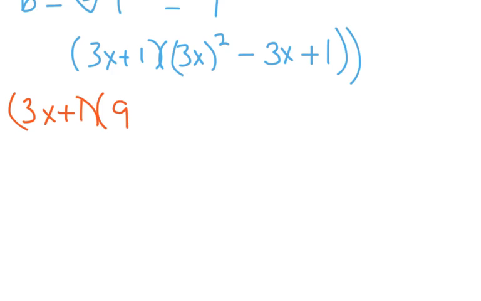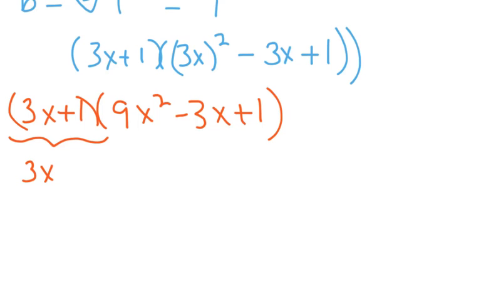And now we have 9x squared minus 3x plus 1. Remember we're solving, so we're going to set those things equal to 0. Here's my first quantity, and it can't be reduced any further. So we have 3x plus 1 equals 0, 3x equals -1, x equals -1/3.